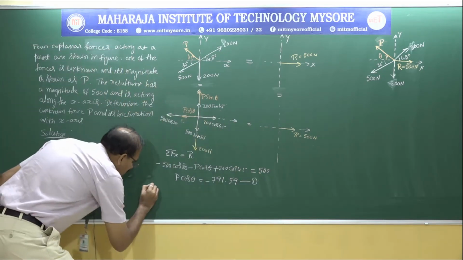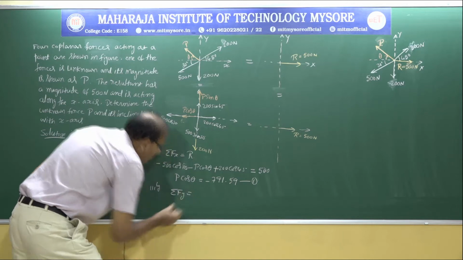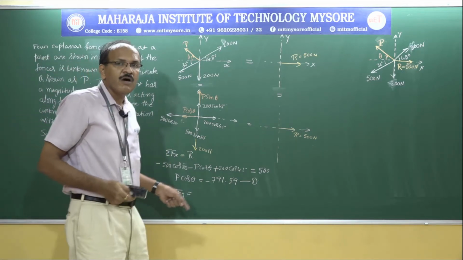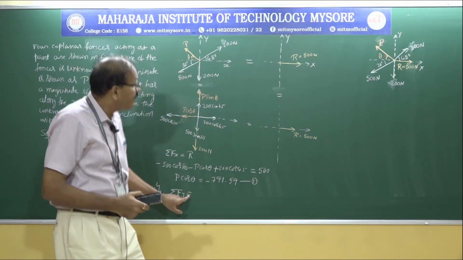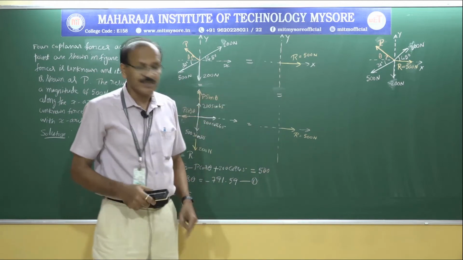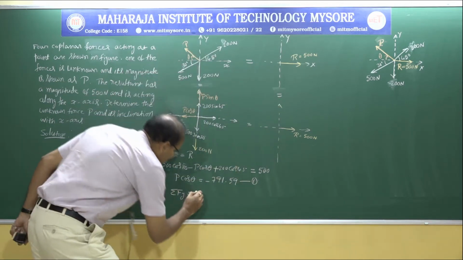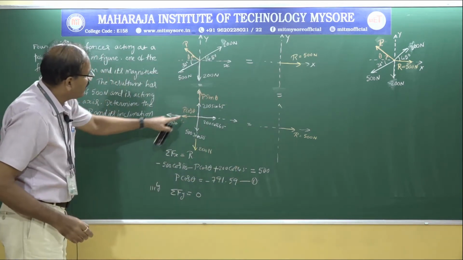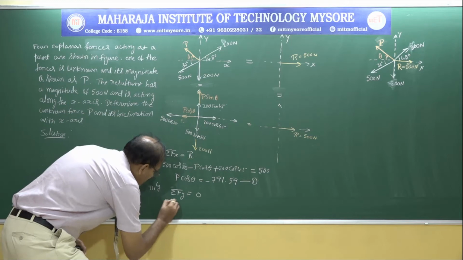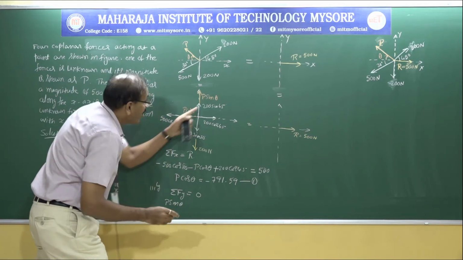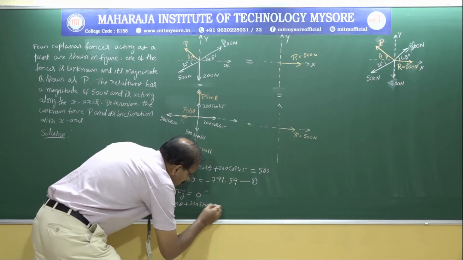Similarly, we have sigma Fy equal to the algebraic sum of all the forces in the vertical direction. That should be equated to the vertical component of the resultant, which is 0. So what is sigma Fy? That is P sin theta acting upwards. Next, 200 sin 45.